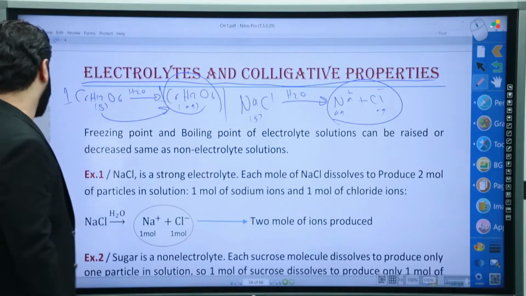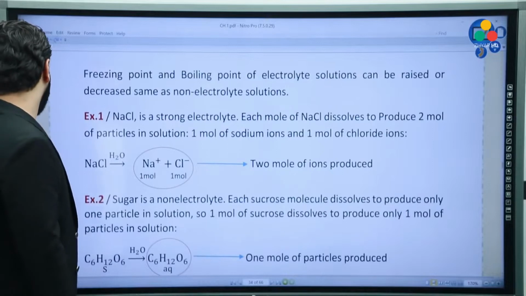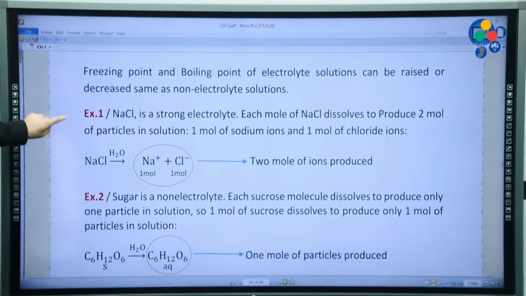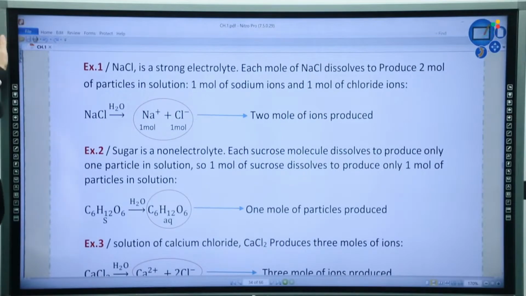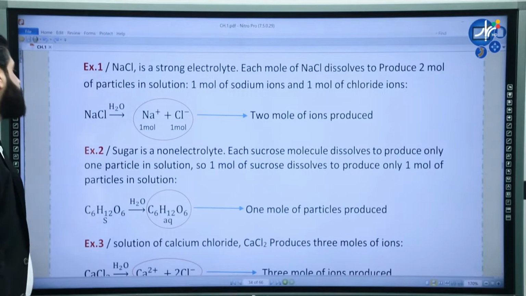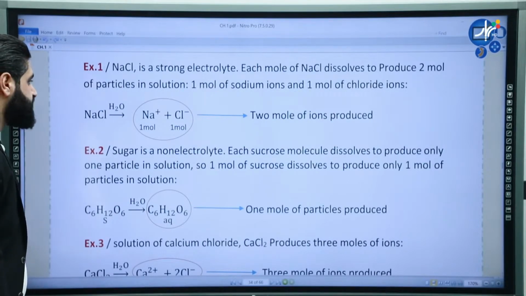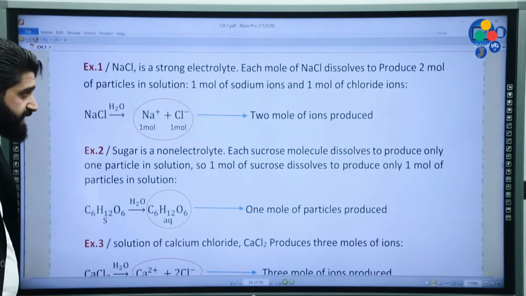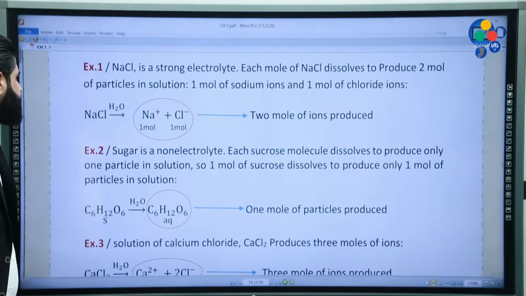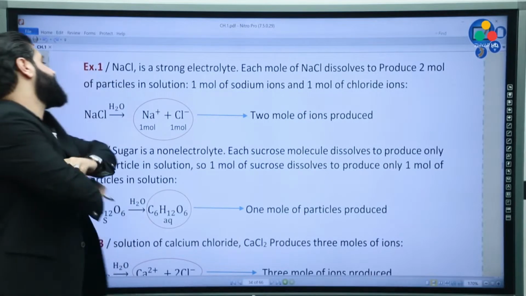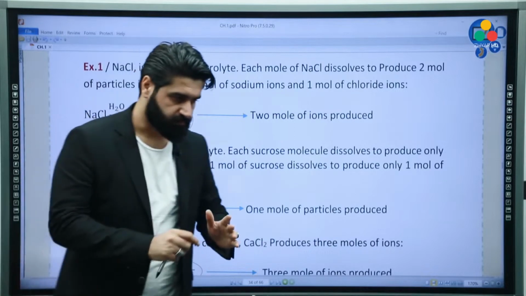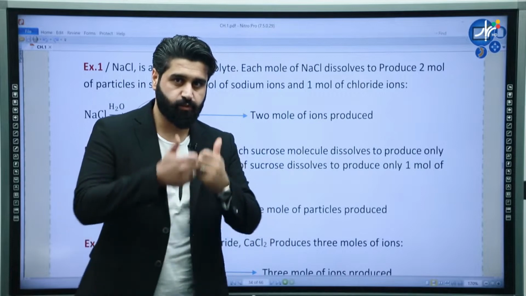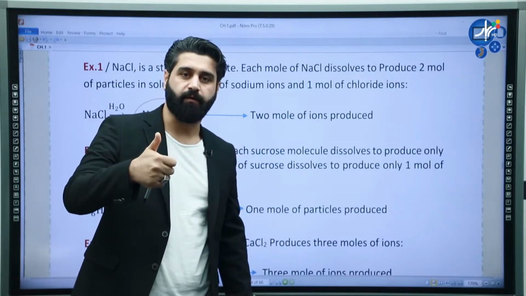What will change? Okay. As a quick review, let's take a look at some dissociation reactions. We know that NaCl is a strong electrolyte, a salt, an ionic compound. When we dissolve NaCl in water, it results in 2 moles of ions produced, okay? So what will happen if we compare NaCl to sugar? NaCl results in 2 moles of ions, but sugar results in 1 mole of a compound.